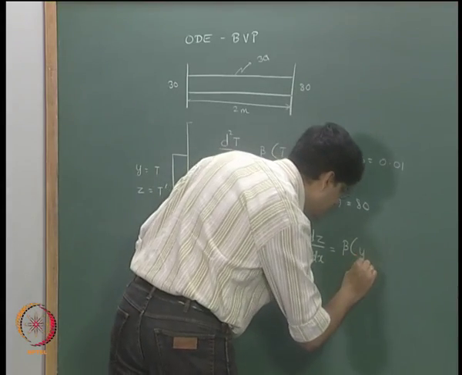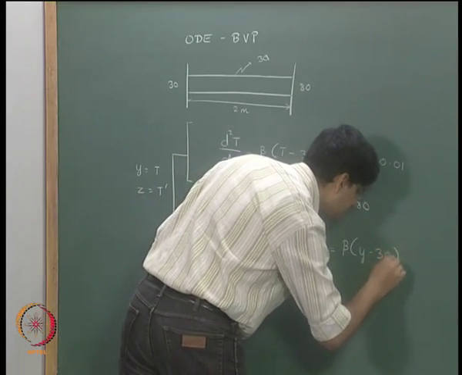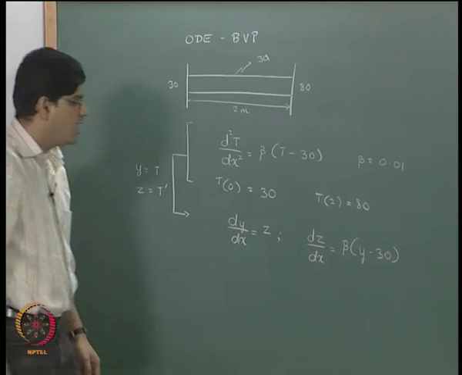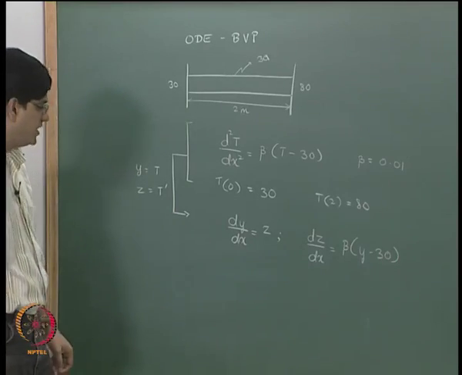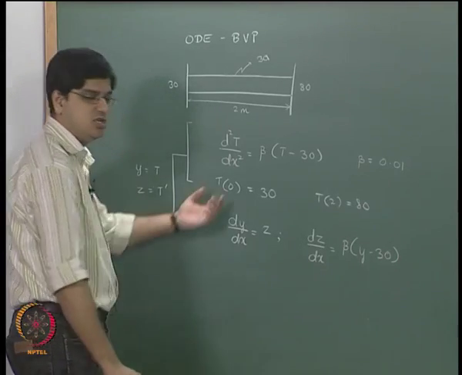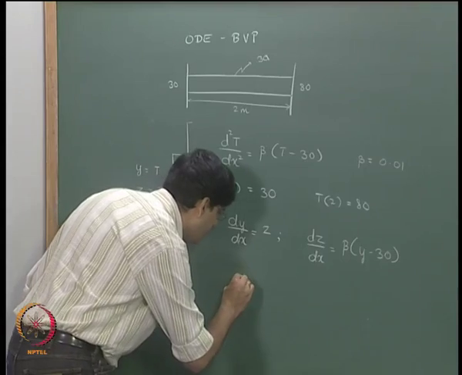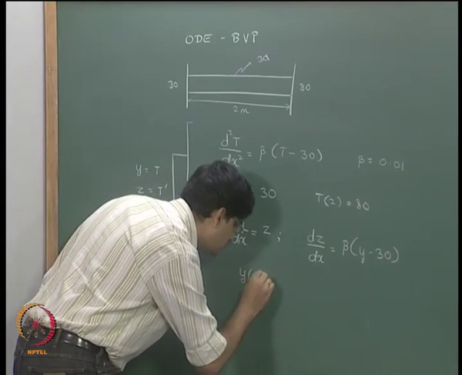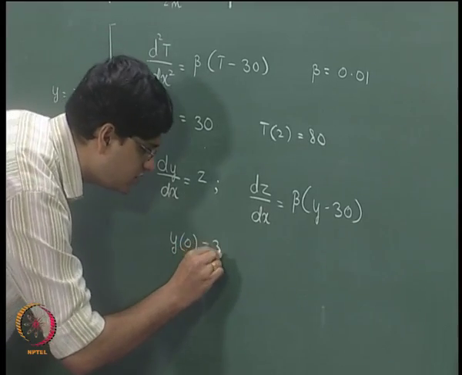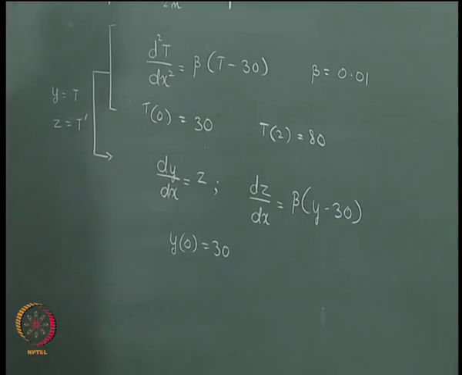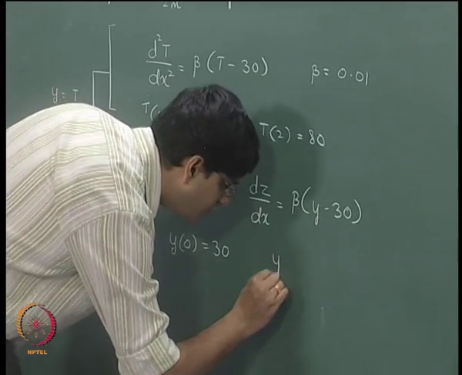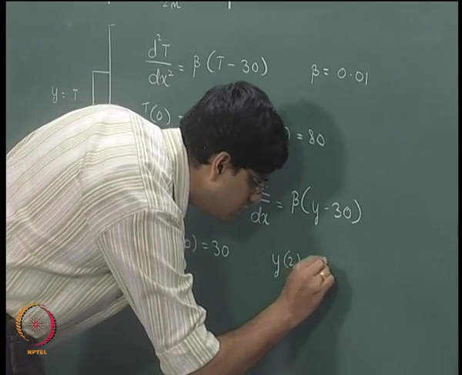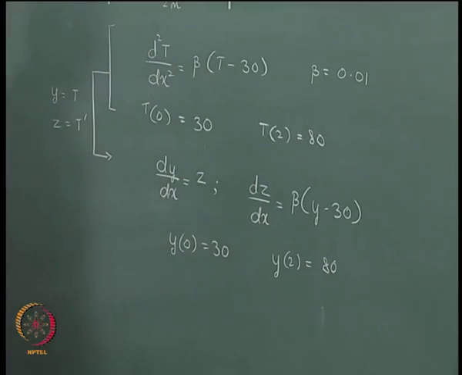So, beta multiplied by y minus 30. And our boundary values are y0 equal to 30, and the other boundary value is y2 equal to 80. So, this is our original problem.